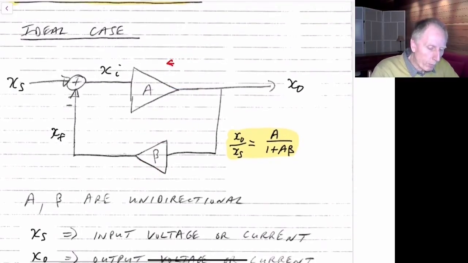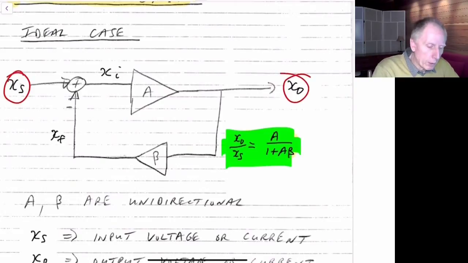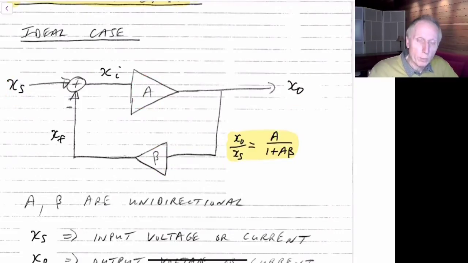Before we move on, as we've seen before, the gain from the input to the output is given by this formula. It's just equal to A divided by 1 plus A beta, or divided by 1 plus the loop gain. Remember, we generally call A beta the loop gain for the circuit.